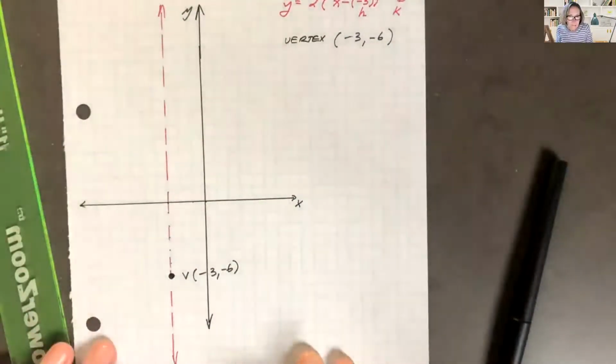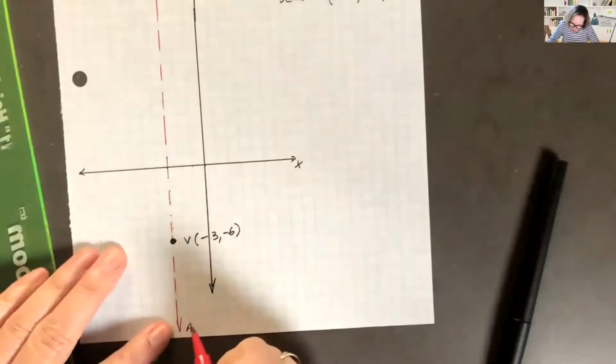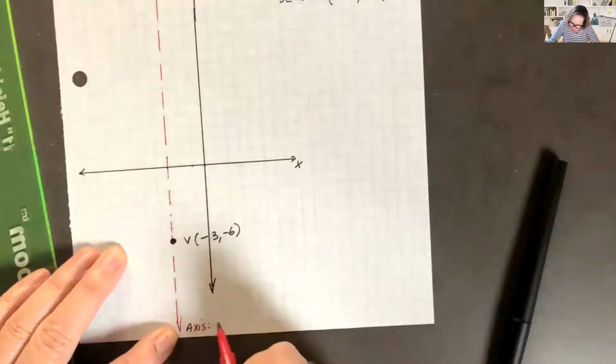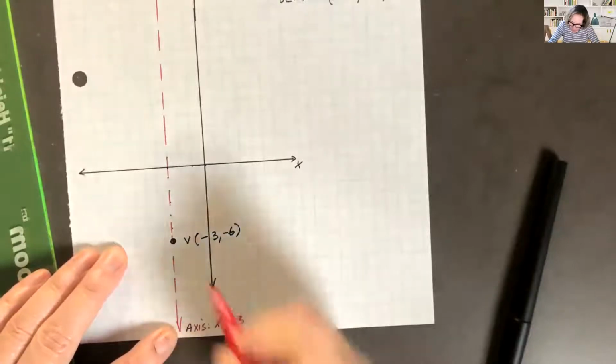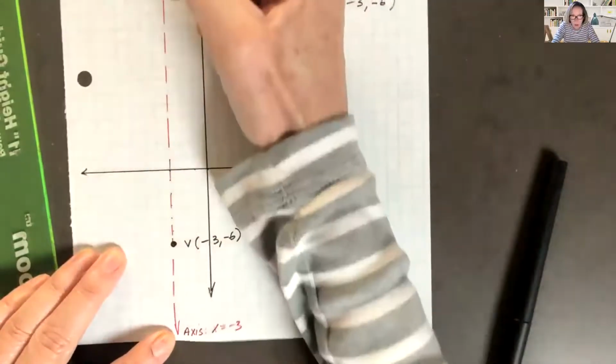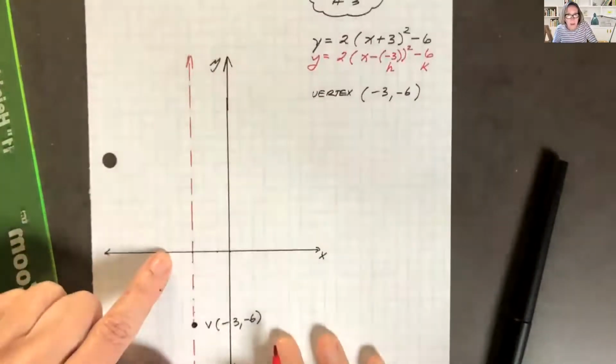The axis of symmetry is the vertical line that has the equation x equals -3. Every x coordinate on it is -3, and it goes right through -3 on your x-axis.